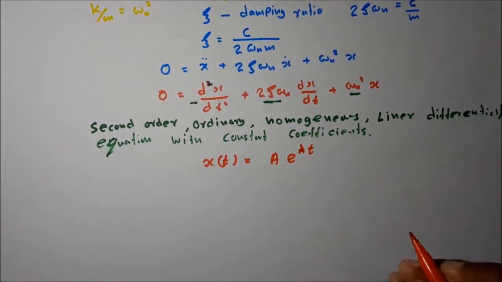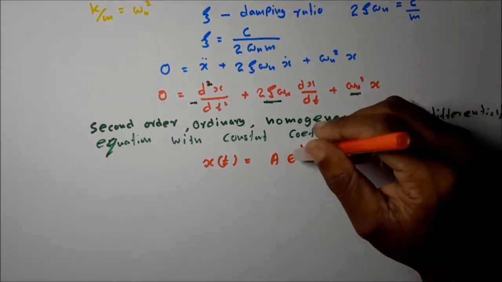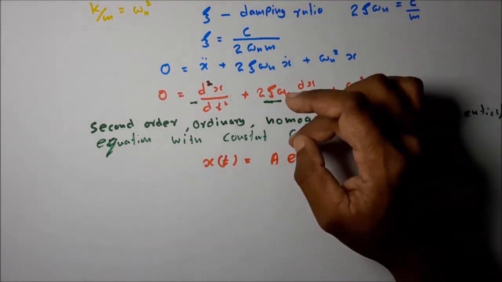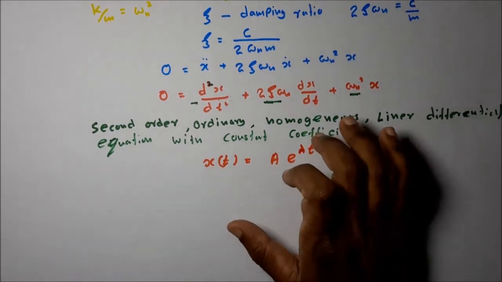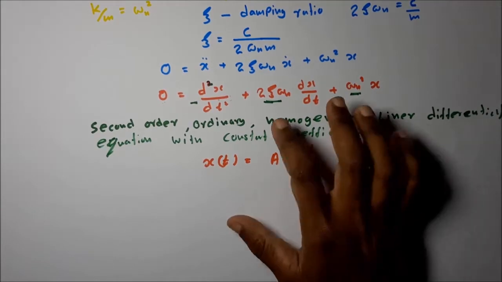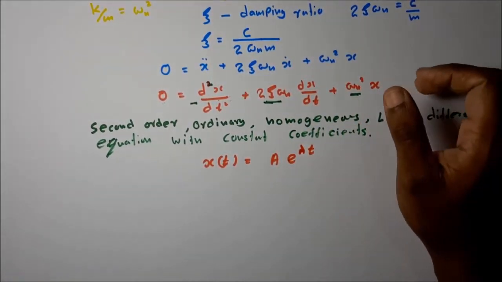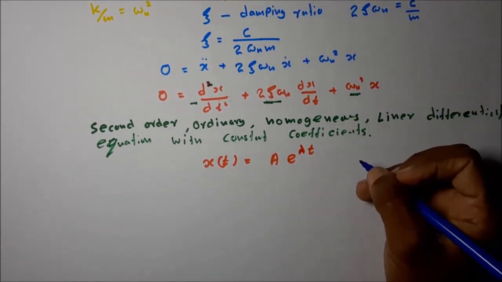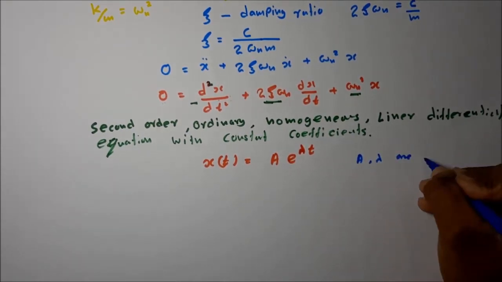This is one of the possible trial solutions for this differential equation, meaning this differential equation can be satisfied by this solution. Here A and lambda are constants.